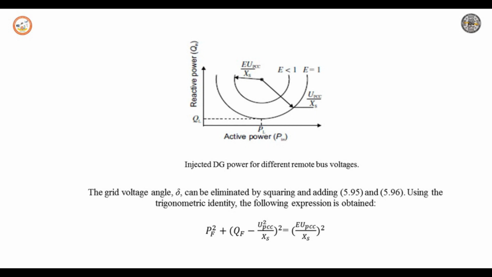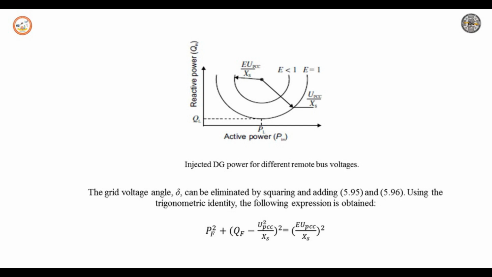The power circles are used here to define the operational limits for a DG connected to the PCC regarding the short circuit ratio. Two main cases can be considered. In the first case, a change in the remote bus voltage is considered while the PCC voltage is regulated.